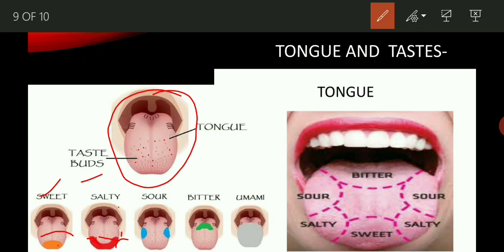Okay, the next part of your tongue is responsible for giving the sour taste. The end part of your tongue is responsible for giving the bitter taste, and the whole overall part is responsible for giving the umami taste.